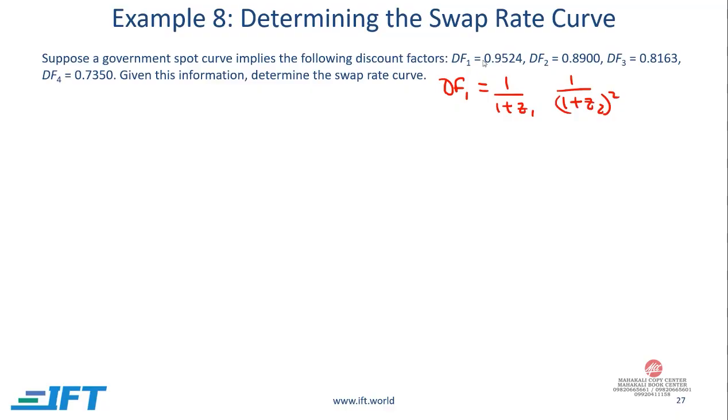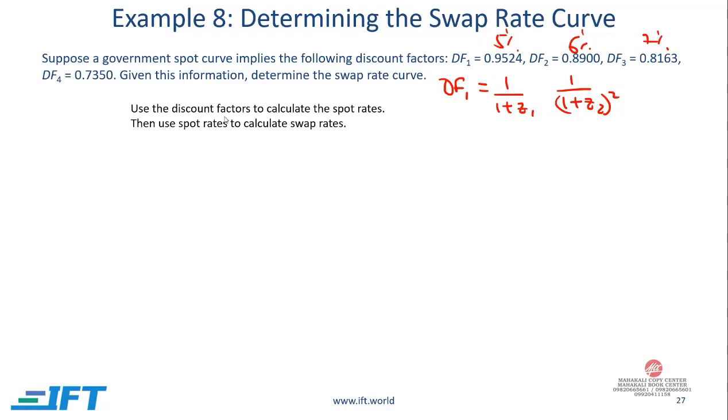Given that we know the discount factor, the spot rates can be calculated. And if we do the calculation, we will come up with Z1 equal to 5%, Z2 equal to 6%, Z3 equal to 7%. So these are the discount factors converted into spot rates.